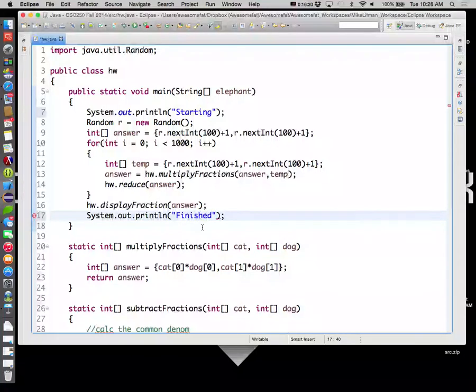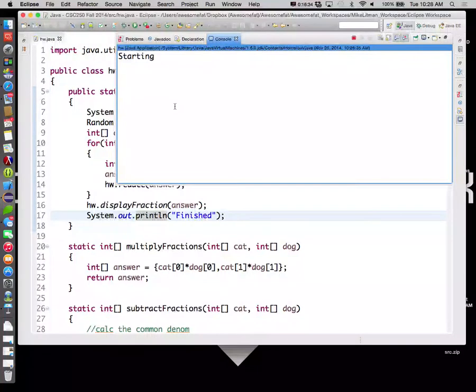Finished. Okay. That's a way to do it. Clearly running, right? My code does say finished at the very end, by the way.